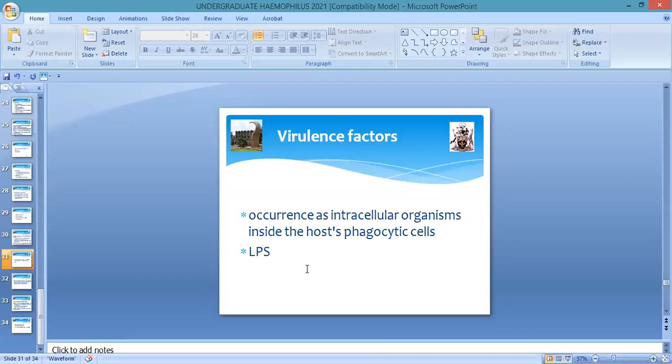Apart from that, the pathogen is able to survive within the intracellular environment within the host cell, which prevents phagocytic killing, because the host immune cells will not be able to recognize them as foreign organisms. Once they hide within the macrophages, the immune cells will identify them as just macrophages, not noticing that the pathogen has hidden within.